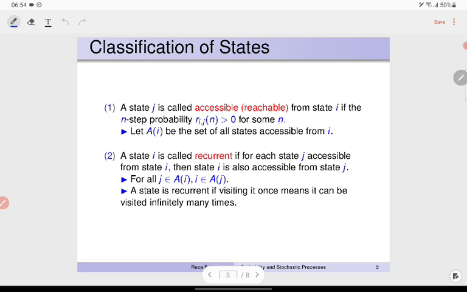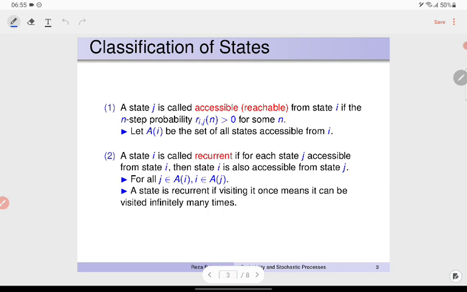This is called accessible or reachable. In graphs, we usually call this connected. So we see the correspondence between connectedness in graphs and reachability or accessibility in a Markov chain.